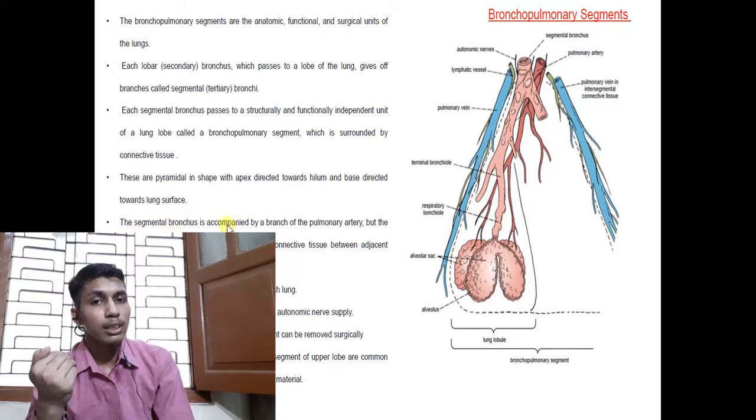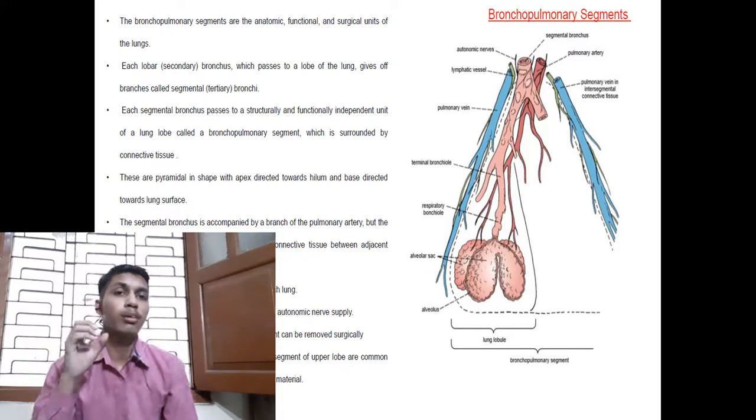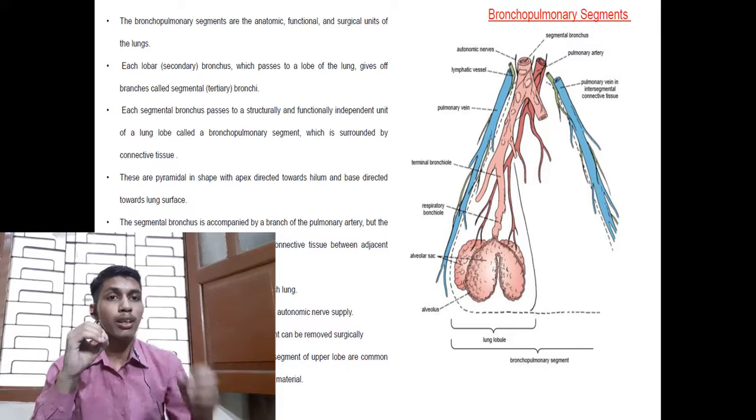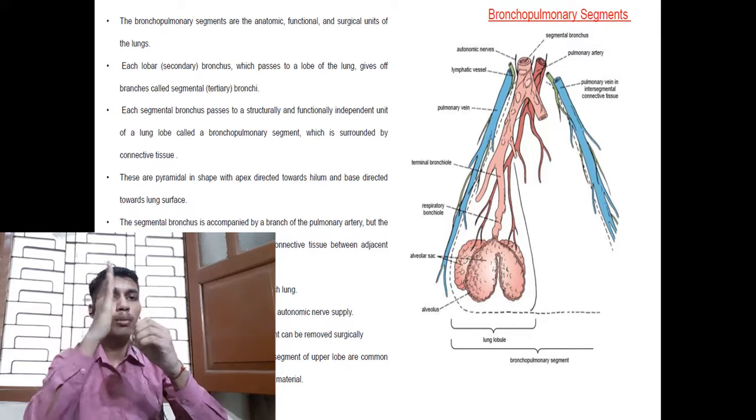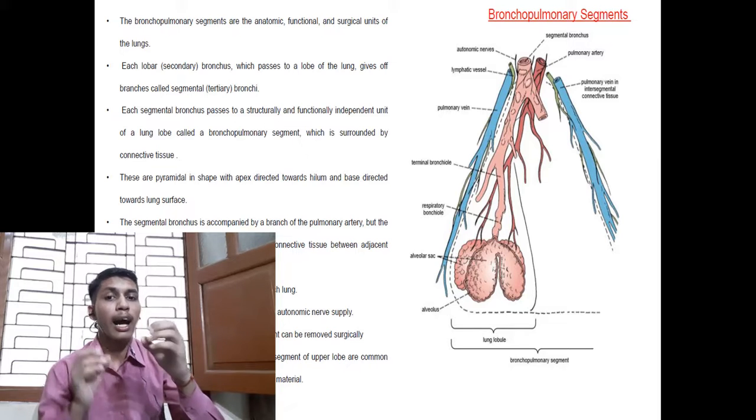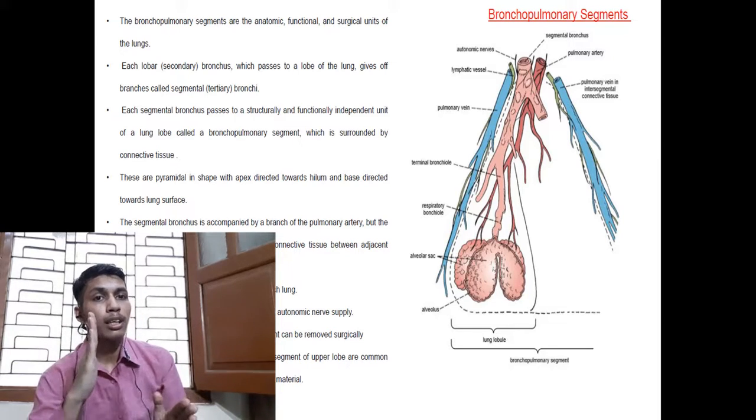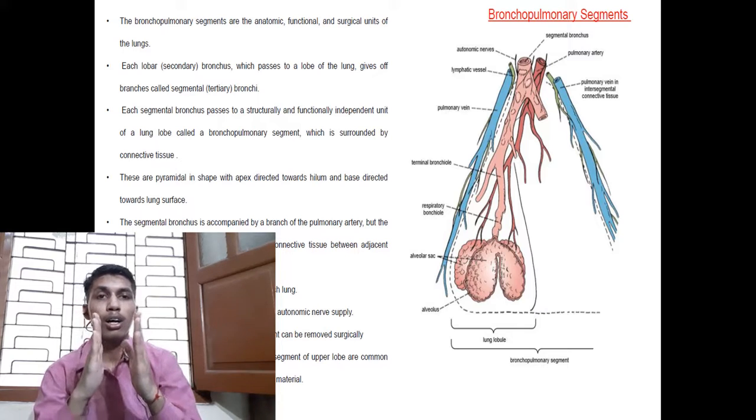The segmental bronchus is accompanied by a branch of the pulmonary artery, running in parallel with it, but the tributaries of the pulmonary vein run in the connective tissue between adjacent bronchopulmonary segments.